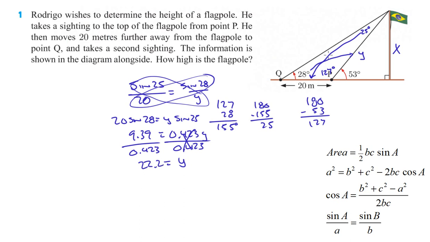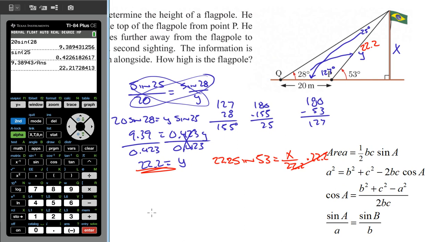So this right here, let's do this in a different color. So this right here is 22.2. So now, look, we can do opposite and hypotenuse. That's going to be sine 53 equals x over 22.2. So multiply both sides by 22.2. And that'll tell us what x is.